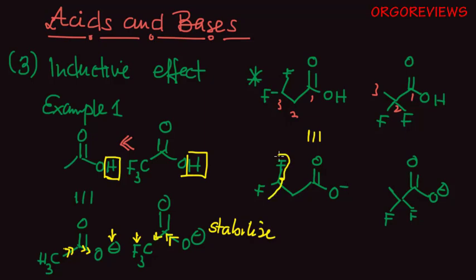You realize that the electronegative group here will be pulling electrons towards itself. But guess what? It will be doing it from a further distance compared to what will be happening in this particular compound. So we will expect that this will be more stable compared to that one, because the group doing the pulling is a little farther away, and therefore the negative charge will kind of be more localized compared to what you see in this molecule.